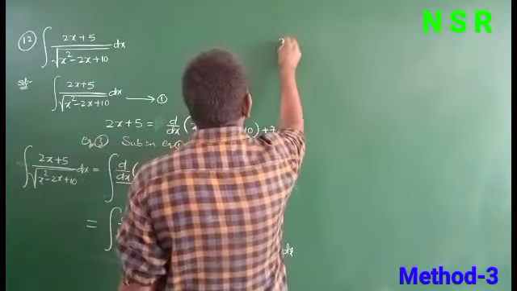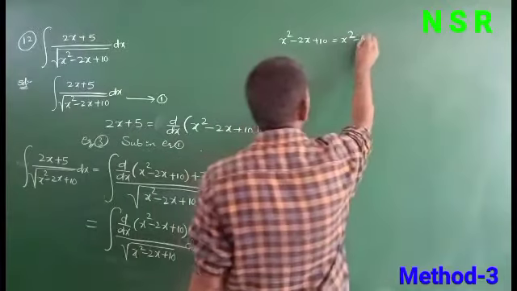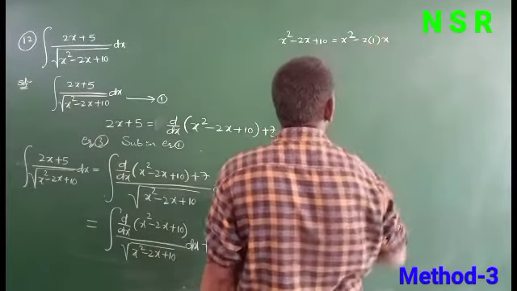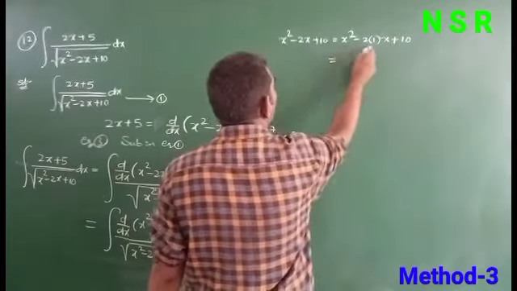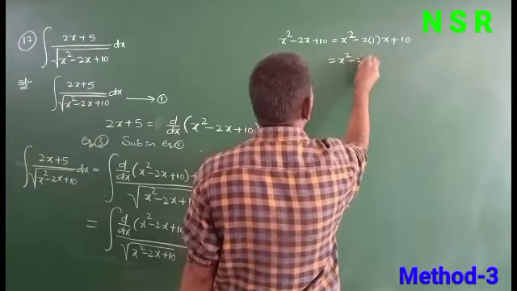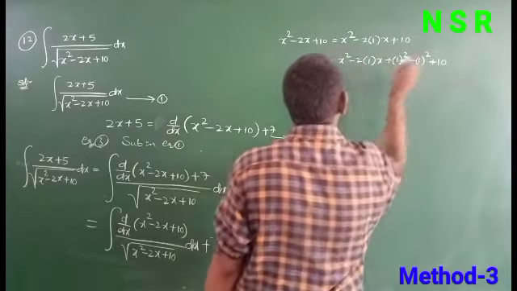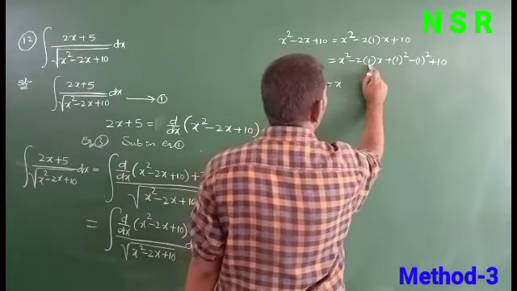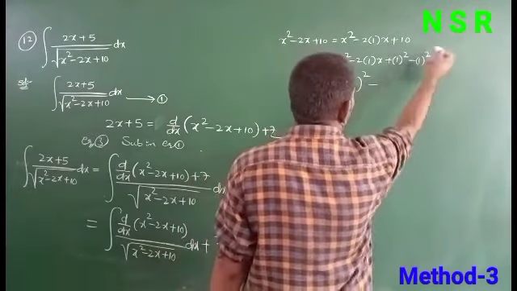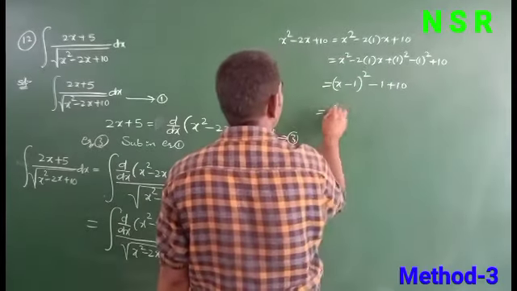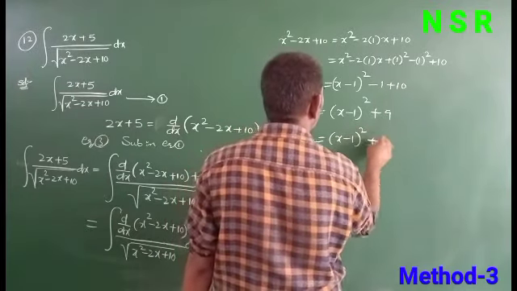Simplify this first. x square minus 2x plus 10 we can write as x square minus 2 into 1 into x, plus 10. In between we have the value 1, so add and subtract 1 square, plus 10. So x square minus 2 into 1 into x plus 1 square is x minus 1 whole square, then minus 1 square, that is minus 1 plus 10, which gives 9. We can write it as x minus 1 whole square plus 3 square.